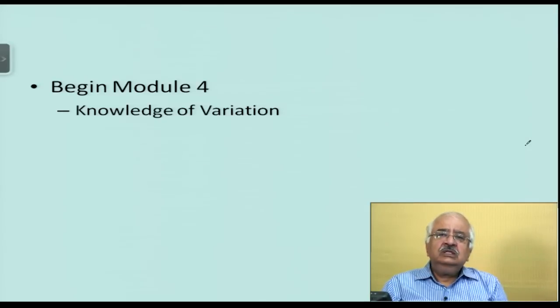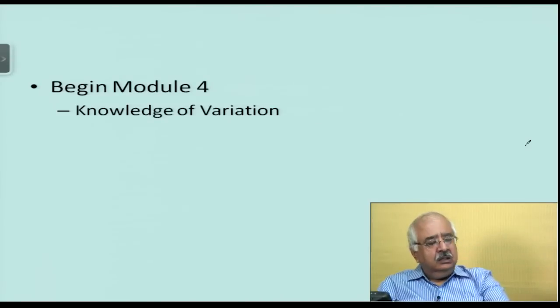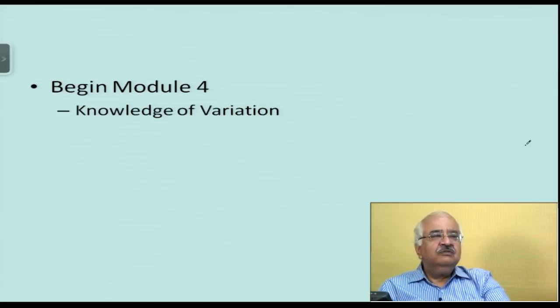We tend to see a lot of variation in things that are around us. However, we really do not understand how to account for this variation. We do not understand how to respond or react to this variation, and as a result, we are really not doing what we need to do in order to bring about the kind of results that we expect from these systems.